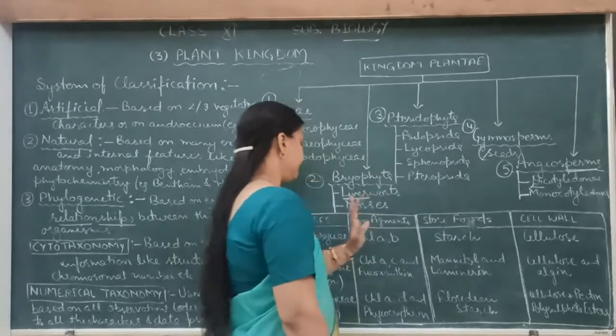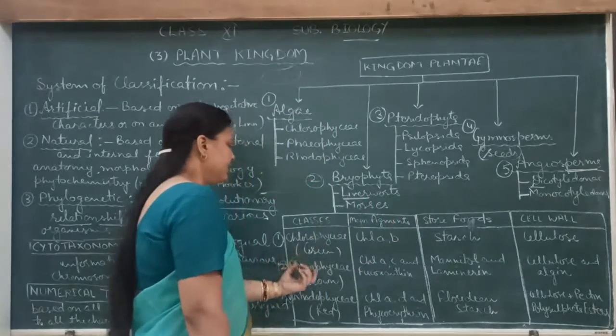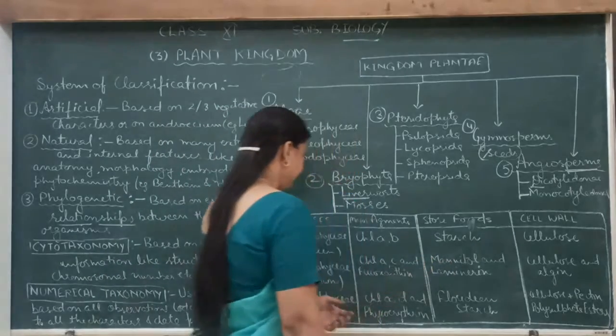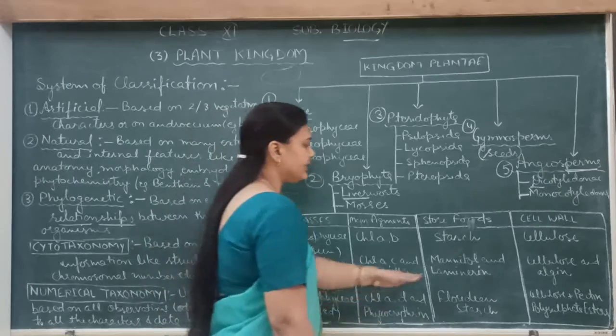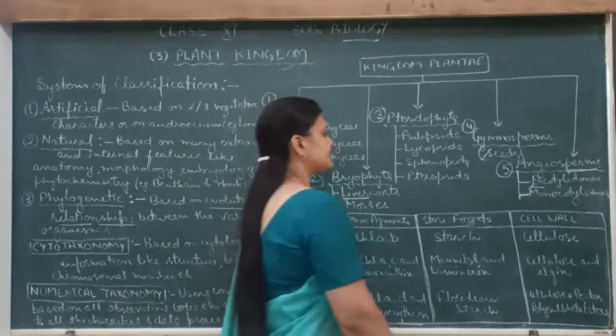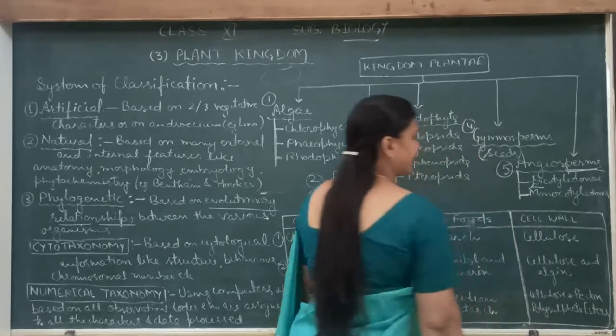Now stored food. The stored food in Chlorophyceae is starch, in Phaeophyceae mannitol and laminarin, and in Rhodophyceae floridean starch is the stored food. Then we come to the cell wall. What is the difference among the cell walls of the 3 types of algae?